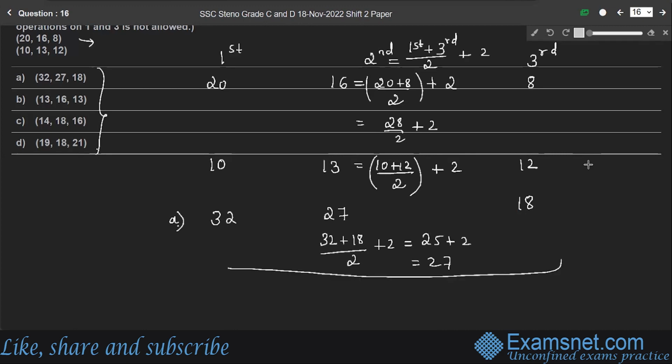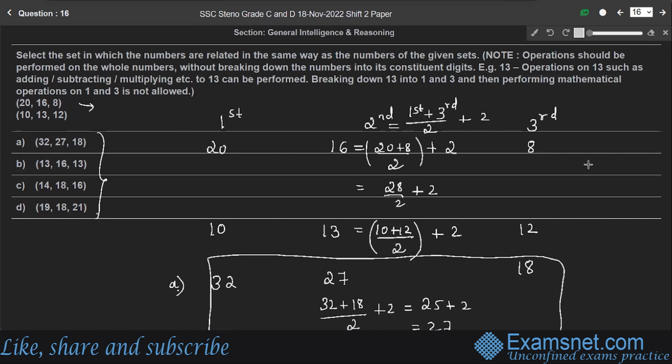Therefore, option A follows the logic of the given two sets. So option A is the right answer. You can consider option B, C, and D also, and check that the numbers do not follow the same logic of the given two sets. If you want, you can verify it. Therefore, option A is the right answer.